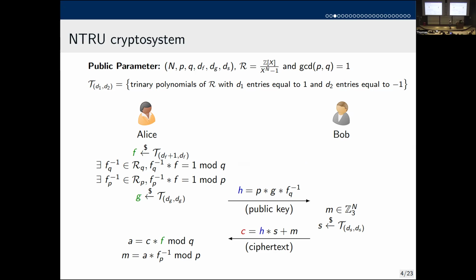This is a ternary system, which means the polynomials only have coefficients 1, -1, and 0. The public key, which is all known, is given by h, which is equal to f inverse times g. So this is the public key h here, p times g times f_q inverse modulo q.